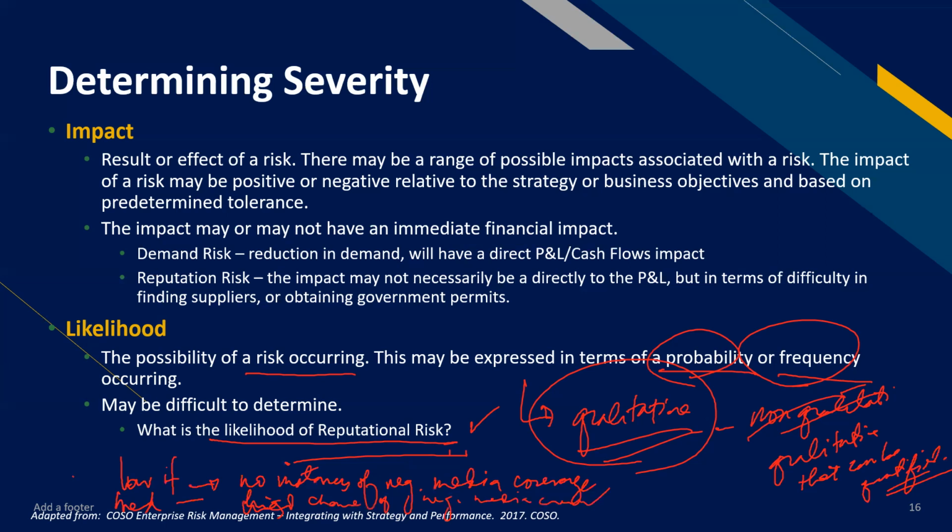Ang reputational risk natin, high if 3 times a year may negative media coverage. Okay? In that case, you are able to quote-unquote quantify a qualitative characteristic, right? So those are some ways to quantify something qualitative.